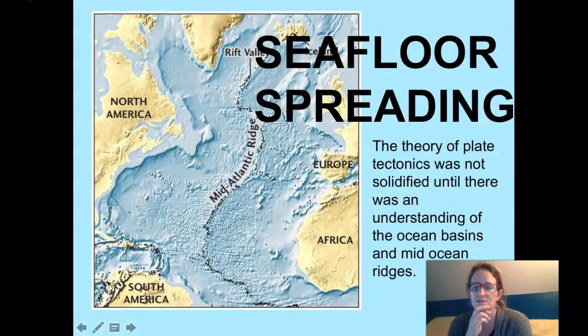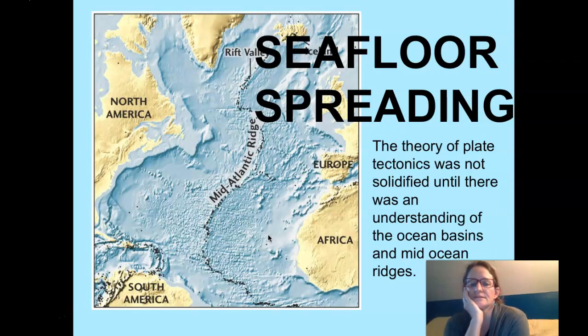It wasn't until later that this idea of something called seafloor spreading, that the ocean basins, in World War II, they worked this out. Harry Hess was in the Navy and he went around the ocean basins figuring out the bathymetry and the topographic highs and lows of our ocean basins.